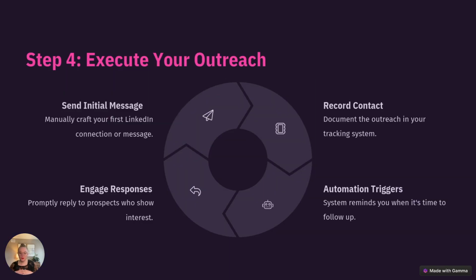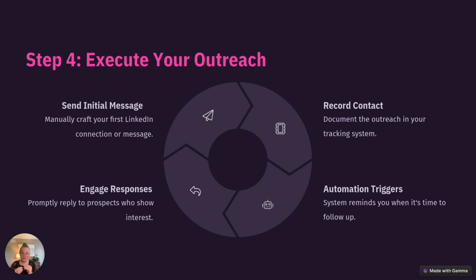And then once you've set those triggers in place, you're going to essentially execute your outreach. Now, how this is going to look is that you're going to send out the initial message. That initial message will be recorded, and then it will trigger whether or not you've had a response, depending on how you've set up your Zapier setting.